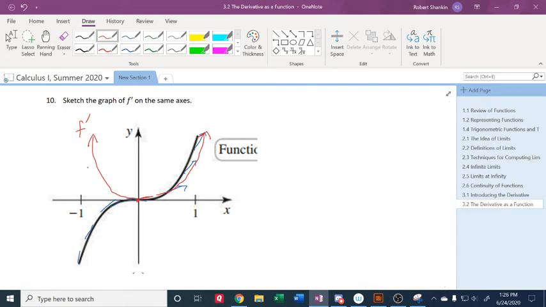So what you're saying is, if it's, let's say, x to the fourth, the derivative would look like a graph of x to the third. That's correct. It would not be exactly x to the fourth going to x to the third, but if it was some fourth degree polynomial, the derivative would be some third degree polynomial. That's right.